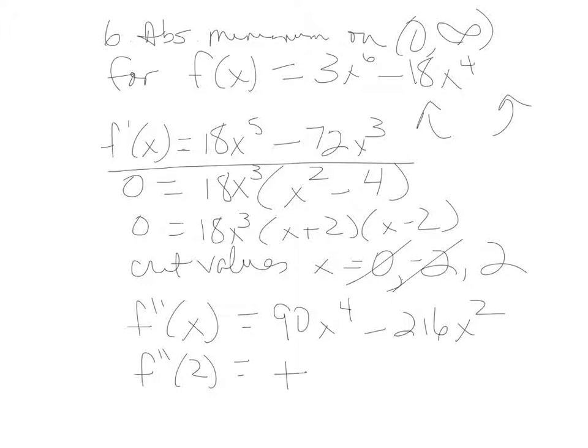And if it's a positive number, it's greater than 0, and if it's greater than 0, we have an absolute min, and I would have to take 2, plug it back into the original function to see where that occurs. If I plug it into the original, you should get back a -96. You can double check that and make sure that's what you get.